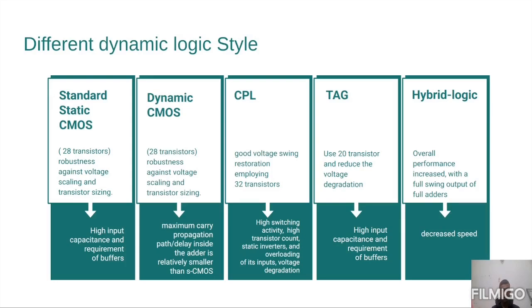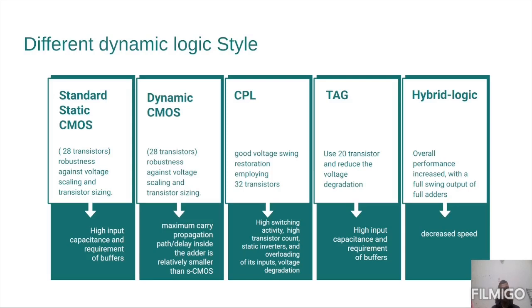So overall, in this paper, the authors focus on hybrid logic styles, which exploit the characteristics and performance of the different logic styles and give better performance. But it also has some drawbacks, like decreased speed.